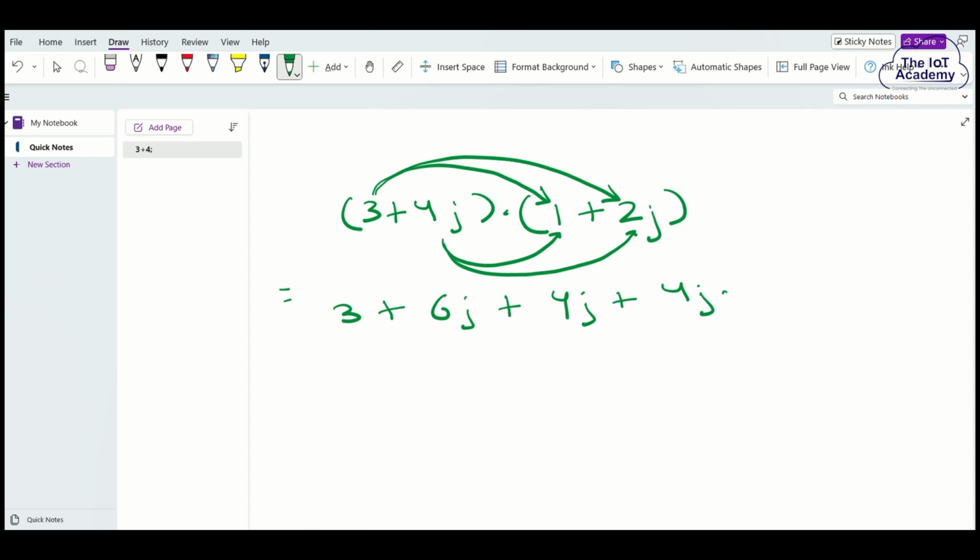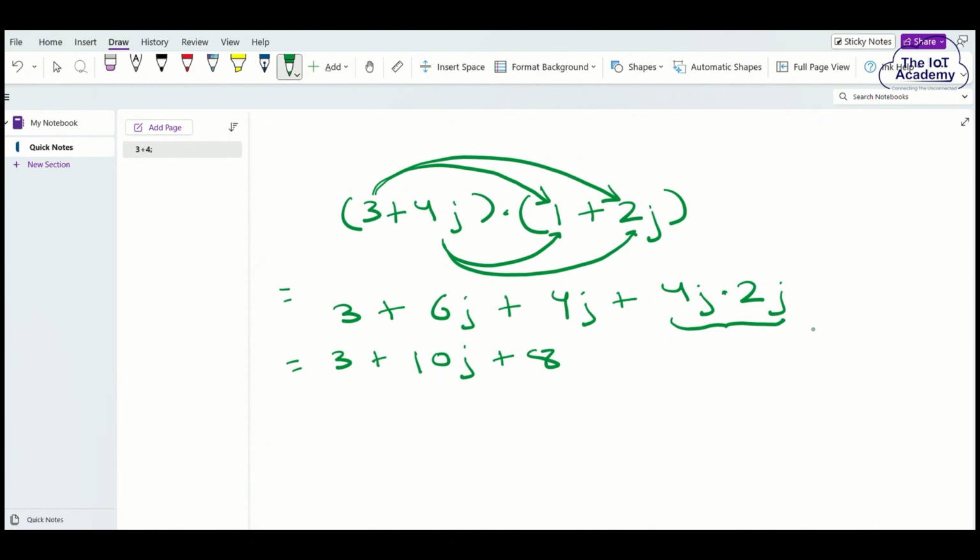So the answer would be 3 plus, now 6j plus 4j is 10j, again from your high school algebra, plus, now here's the tricky part, 4j times 2j. 4 times 2 is 8. No surprises.